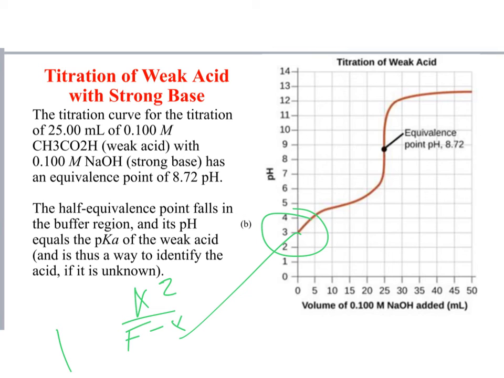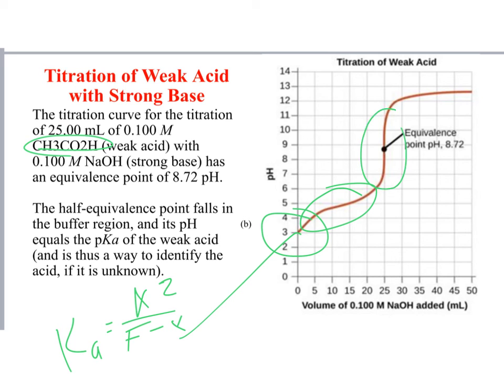And so the Ka is equal to that, right? This region actually is where you start to create a buffer, right? After you've added some, now you have this weak acid, acetic acid, and acetate ion, its conjugate base. And so we would work with a buffer region here.